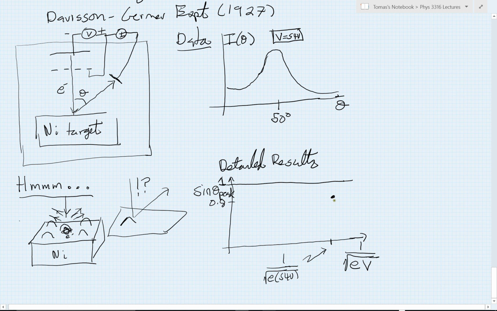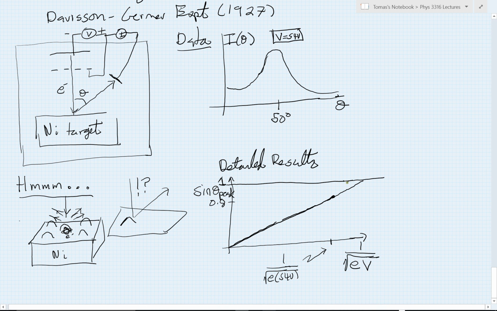And as I do that, the angle actually does decrease, but in a really cool way. What I get is a perfect linear straight line like so. And I can continue this line to lower voltages to where that maximum goes to 90 degrees. And at that point, of course, it completely disappears. There's no more maximum at all because I can't access any larger angles.